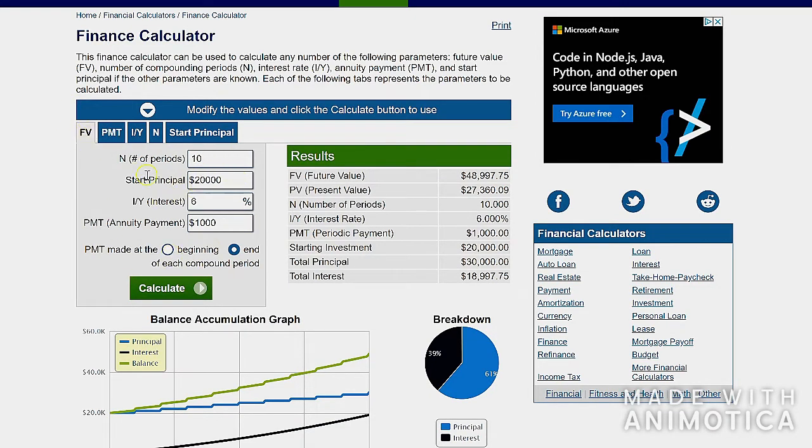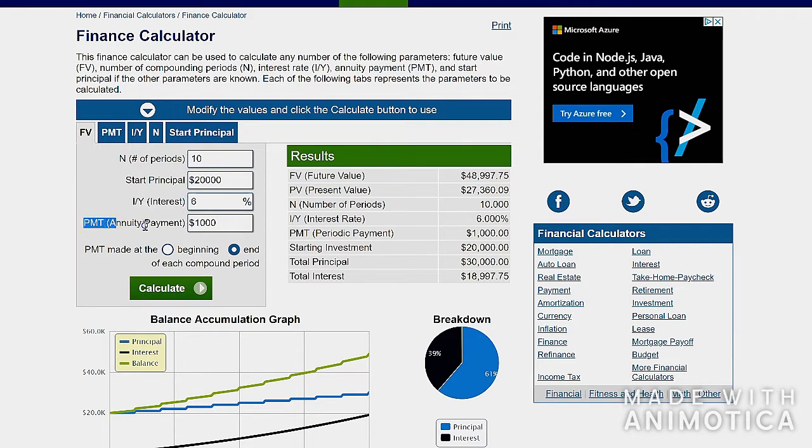Pretty much this equation just says, right here from the top, how many periods? Periods is the number of times you invested into this thing. So think of this as a fund. So how many times you invested into this fund, and your starting principal is how much money you're starting with. The interest rate is the rate of interest that you accrue, that you invested at.